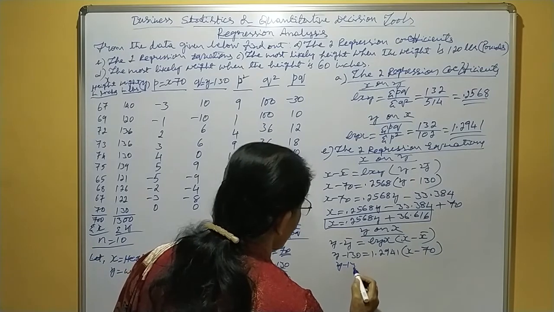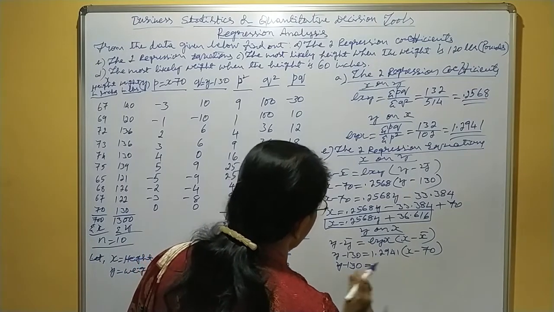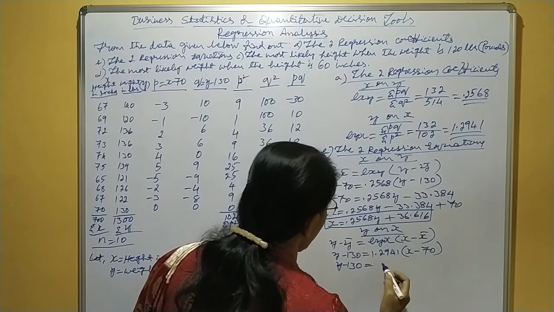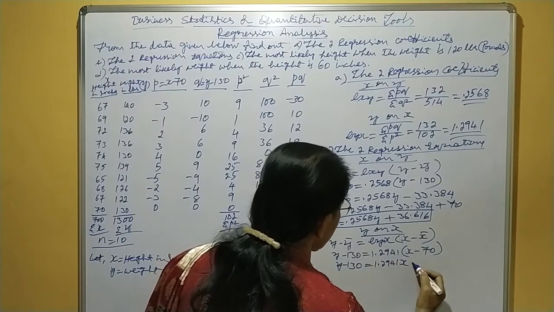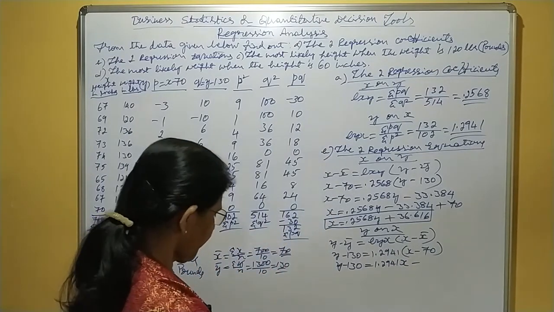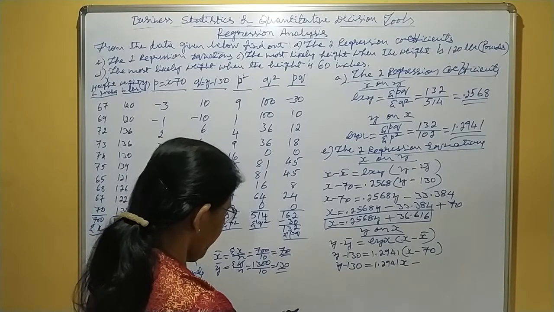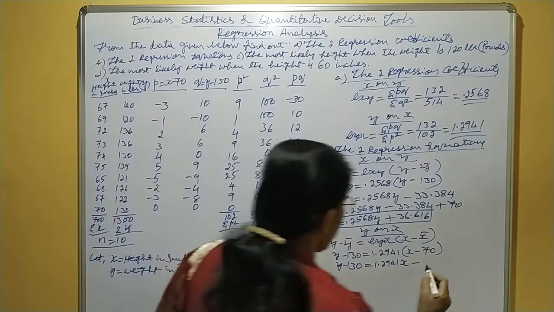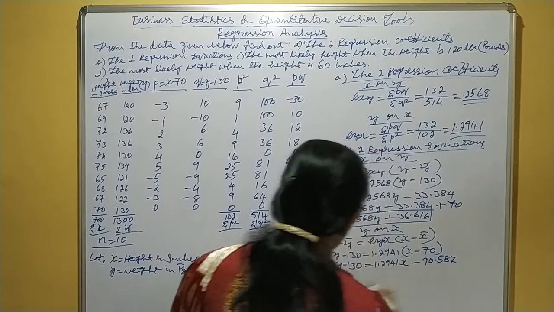Y minus 130 equals 1.2941x plus into minus 1.2941 into 70, 90.587.